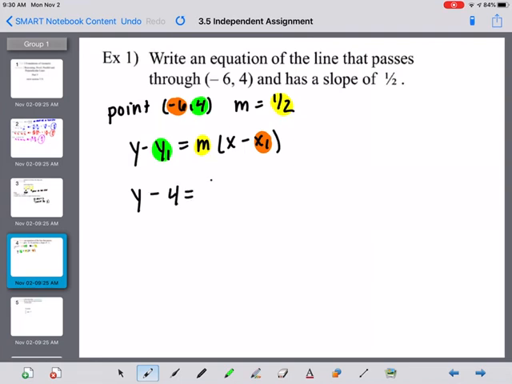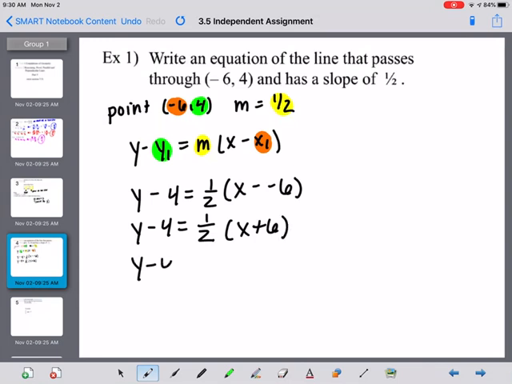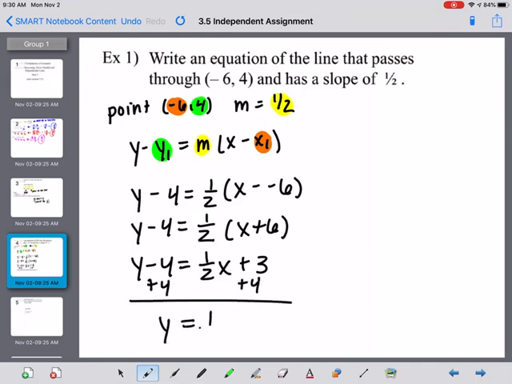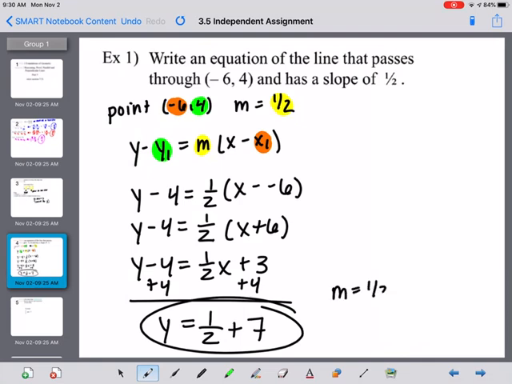Y minus 4 equals 1/2 x minus negative 6. Y minus 4 equals 1/2 x plus 6. We're going to go ahead and distribute. And then we can add 4 to both sides to get the y by itself. And this would be the equation of my line in slope-intercept form. Okay, and it's called slope-intercept form because it gives us the slope and it gives us the y-intercept, which would be 0, 7.